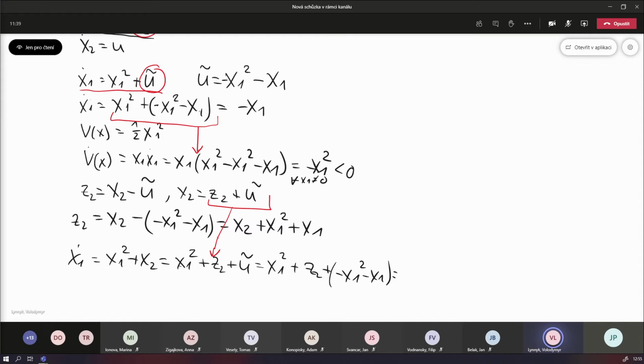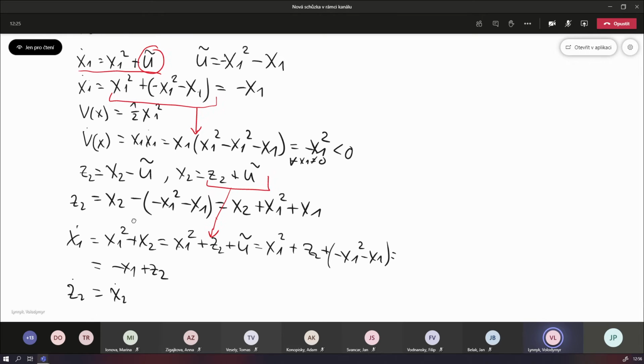And this is equal to minus x1 plus z2. And z2 dot equals x2 dot, because now we need to differentiate this part.